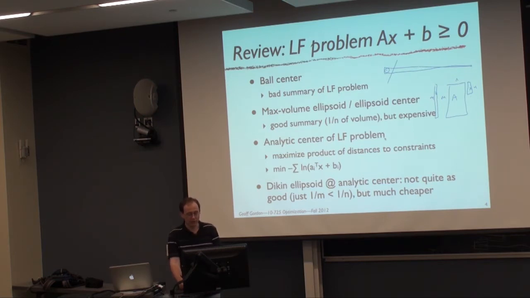feasibility problem. So the analytic center was the point x that maximizes the product of the distance from x to each of these constraints, right? So the individual constraints are ai transpose x plus bi greater than or equal to 0, right?